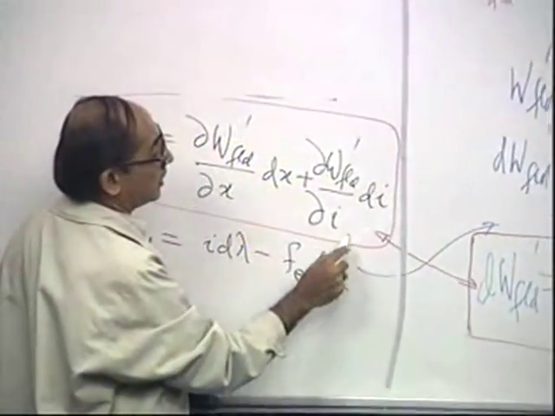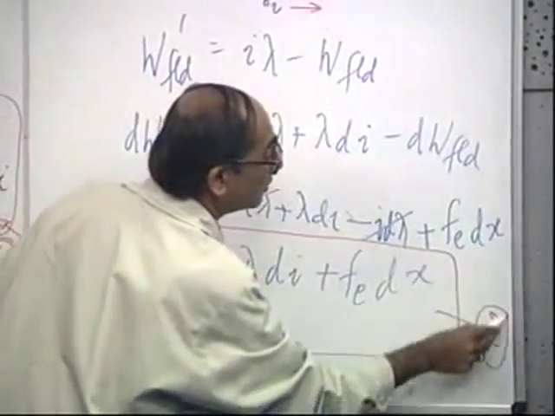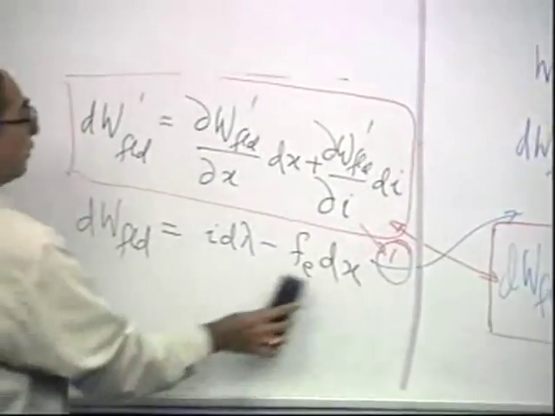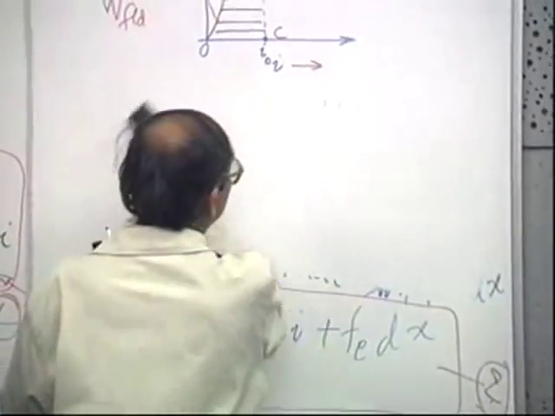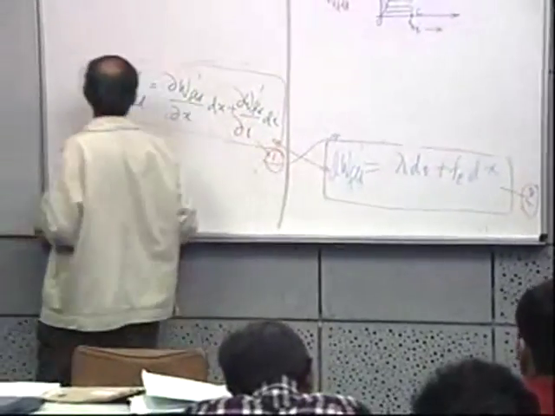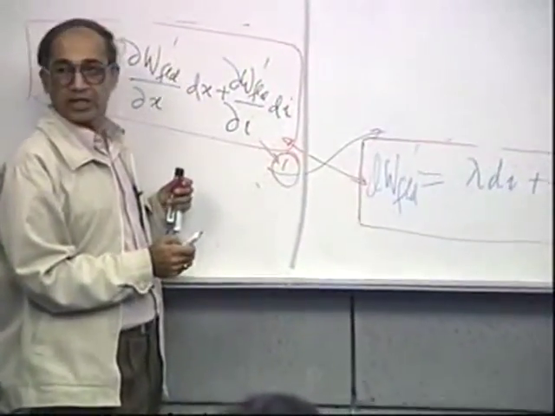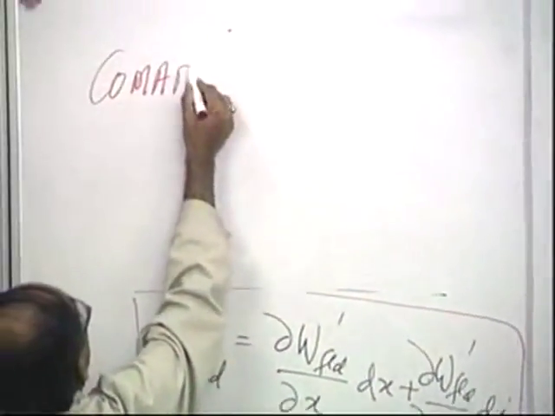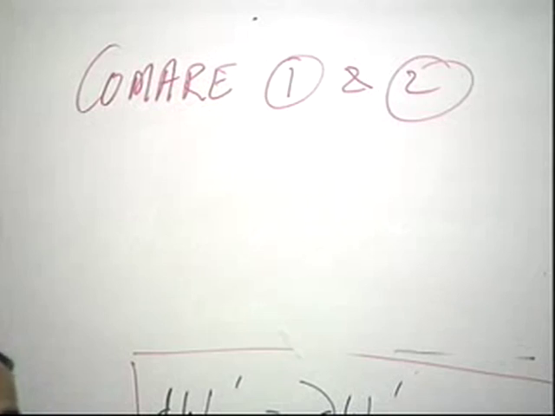Let us say this equation is equation 1 and this equation is equation 2, right? I just left only two equations on the board, equation 1 and equation 2. Okay. So on comparison, compare 1 and 2, what do you get?